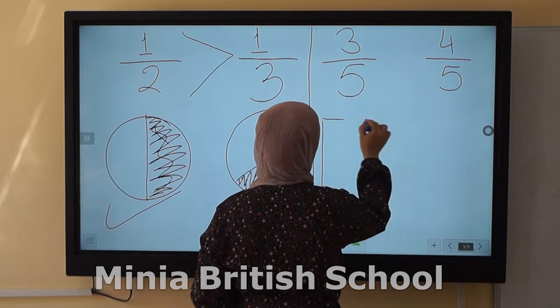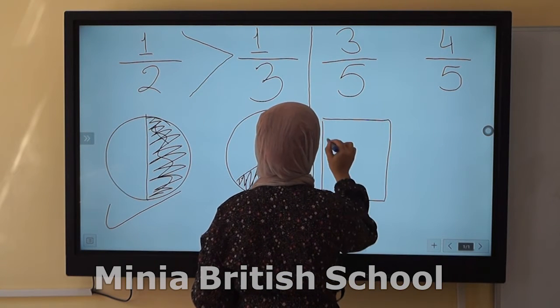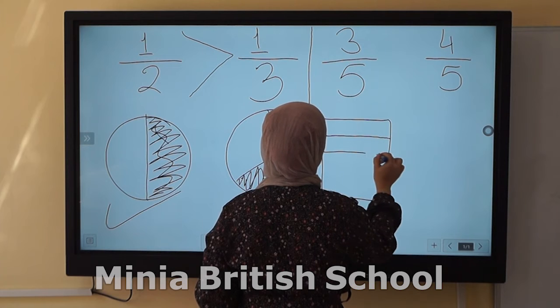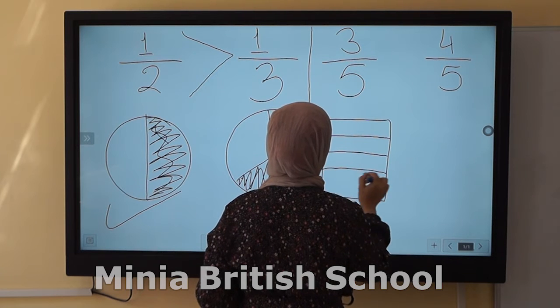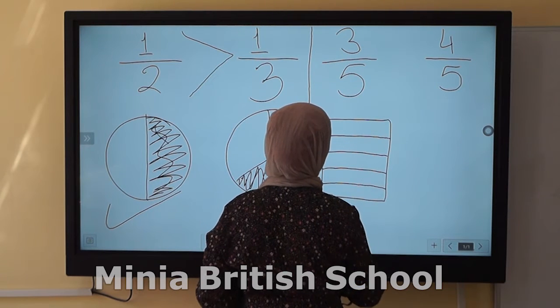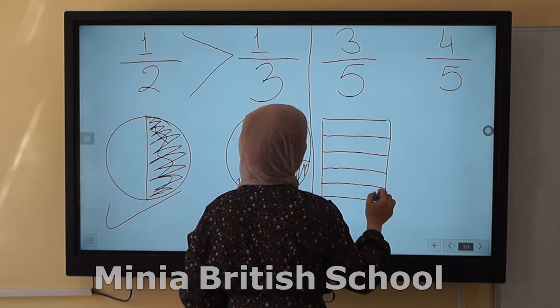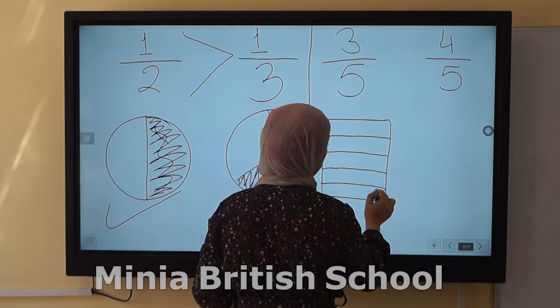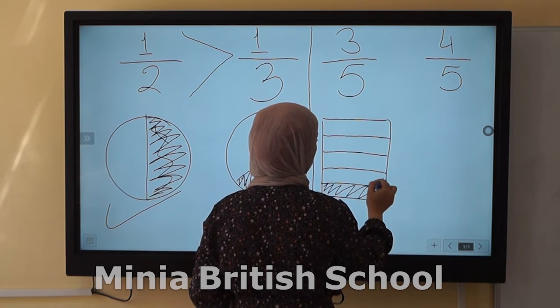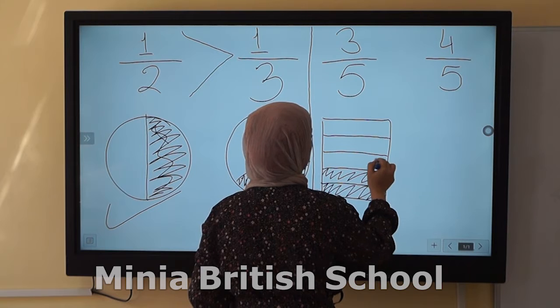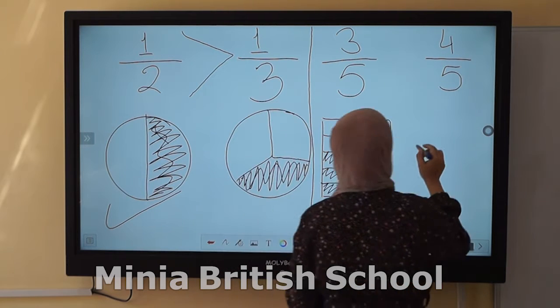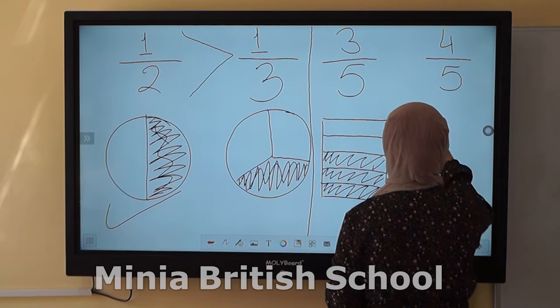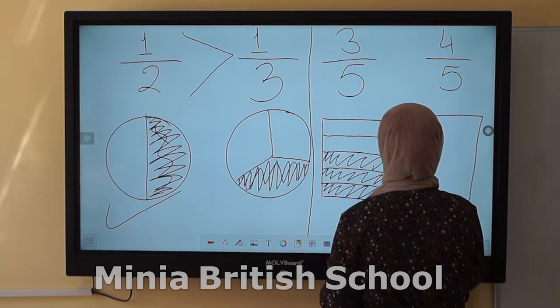I draw here the graph. 1, 2, 3, 4, and 5. 1, 2, 3, 4, 5. Okay, here 3, 1, 2, 3. And here the same shape.